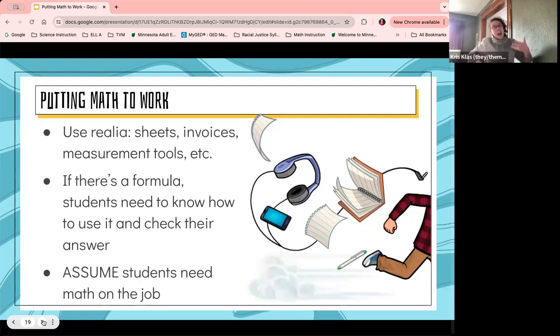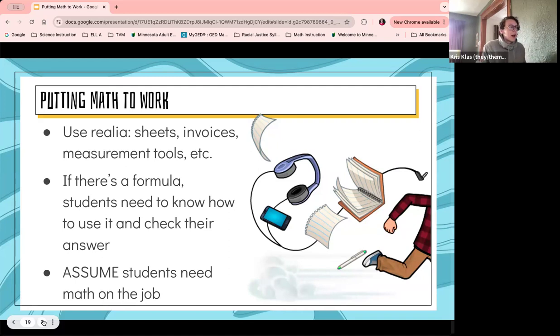And then please assume that students do need math on the job. Maybe I've already overstated my case, but I think even if there's not a lot of complex math in the job itself, understanding your wages and your benefits is really important math for all employees to be able to do.